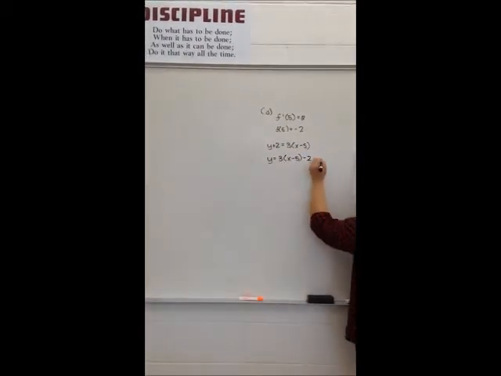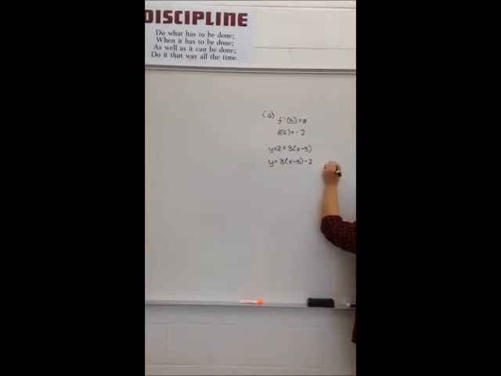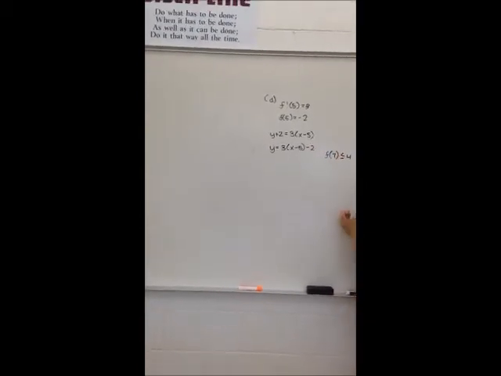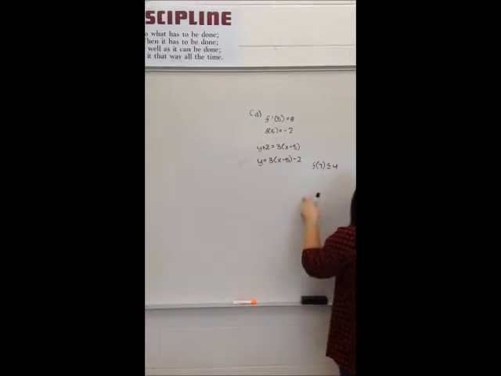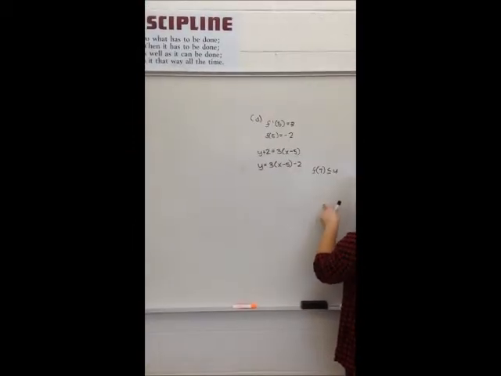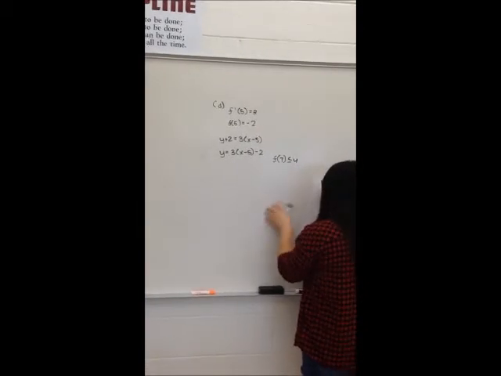And what you're trying to prove essentially here is that f of 7 is less than or equal to 4. So what you do is you just plug it into this equation, and if it proves to be correct, then you can show that f of 7 is less than or equal to 4.